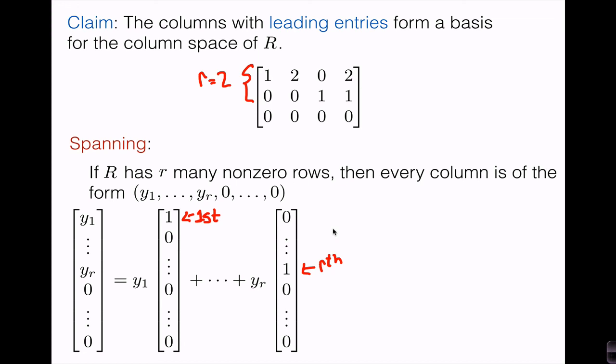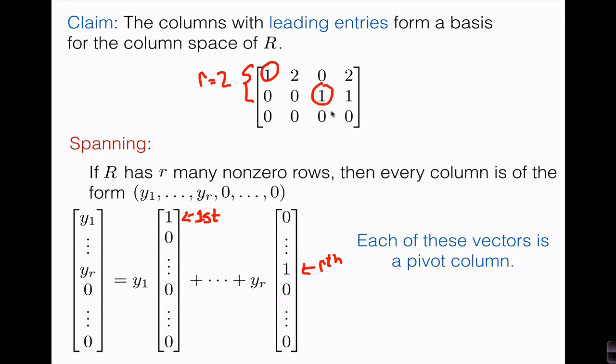And now we just have to notice that these r vectors are exactly our pivot columns, right? Because each pivot column has exactly one 1. So this pivot column has a 1 only in the first coordinate. This pivot column has a 1 only in the second coordinate.